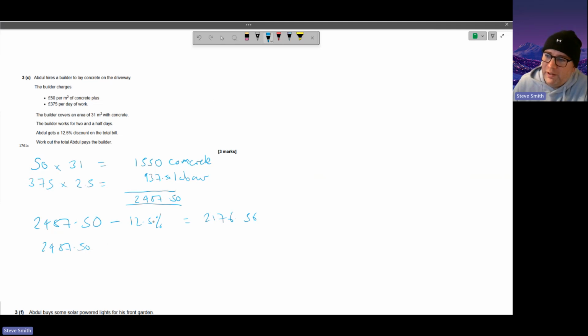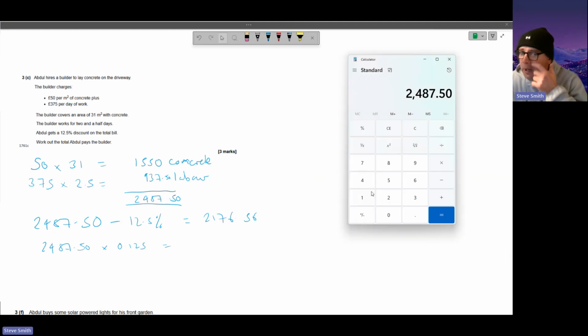If we want to find out what 12.5% is of that number, instead of taking it away, we're going to multiply it by 0.125. So we're finding out what 12.5% is, and that's going to equal an amount. And then we're going to take that away from the amount to work out what the bill is. Let me show you a third way where it cuts this step out.